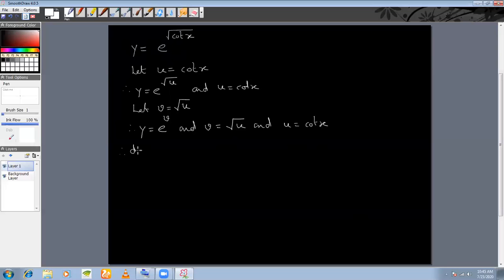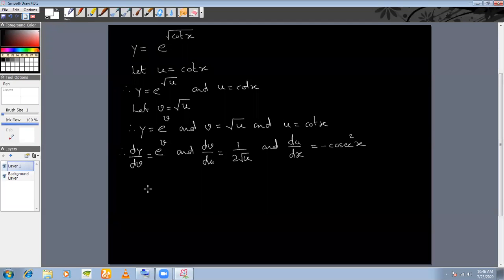Now we'll differentiate. Therefore, dy/dv is equal to e to the power of v, dv/du is equal to 1 by 2 root u, and du/dx is d/dx of cot x. What is the d/dx of cot x? Minus cosec square x.